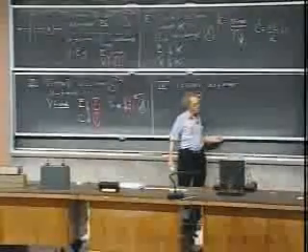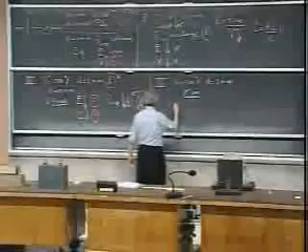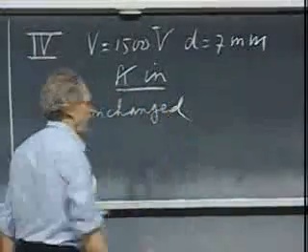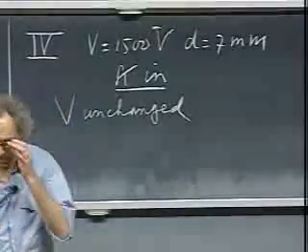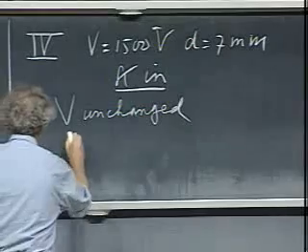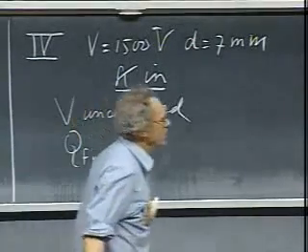What now is going to happen? Well, for sure, V is unchanged because it's connected with the power supply. So that cannot change. What happens with Q free? Look at this equation.